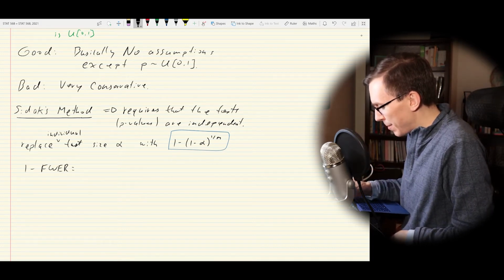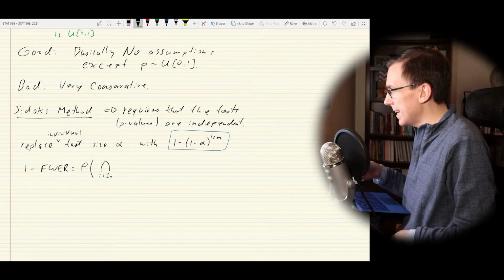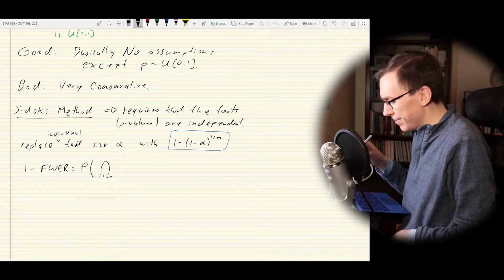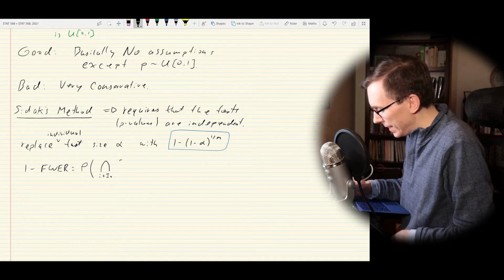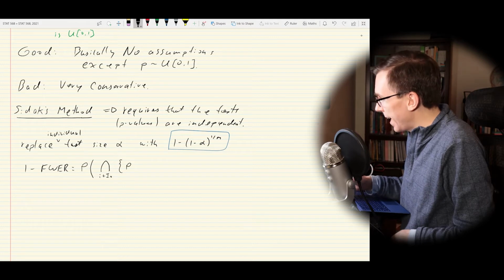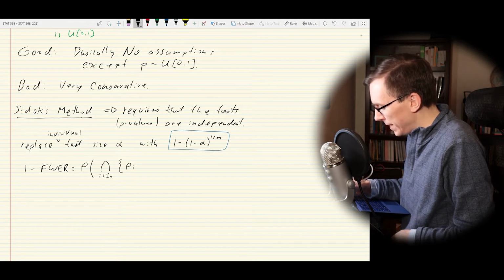It's going to be the probability of the intersection over i in I naught, remember, the various indices where the null hypothesis is true. We're going to be taking the intersection that all the p_i for i in I naught have to be greater than or equal to this threshold, 1 minus (1 minus alpha) to the 1 over m.